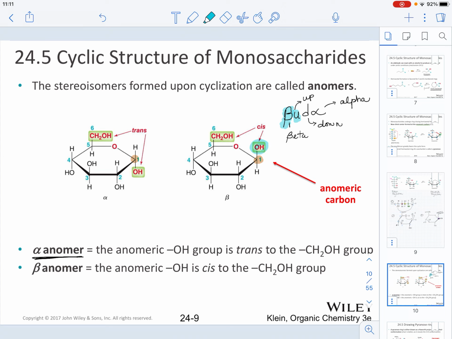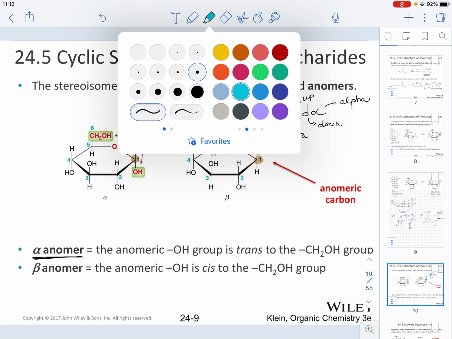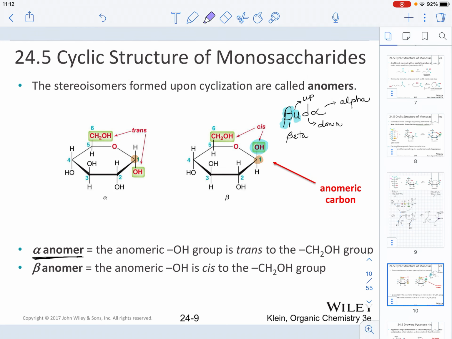As you can see, the OH is up at the anomeric position. While if I have an alpha configuration at the anomeric position, my OH is going to be pointing down. And that is another simple way to distinguish between the beta anomer and the alpha anomer.